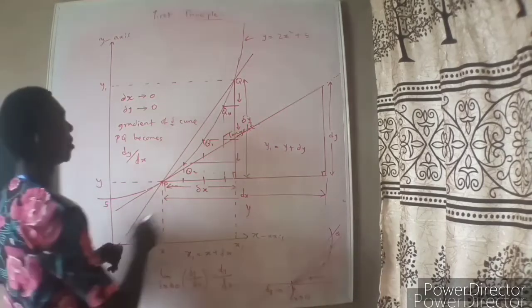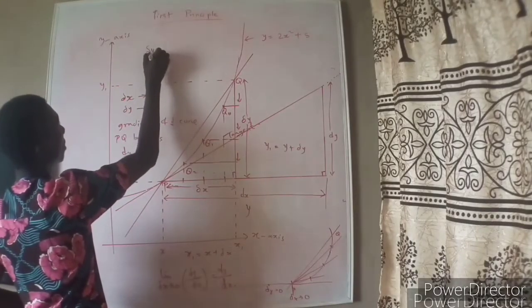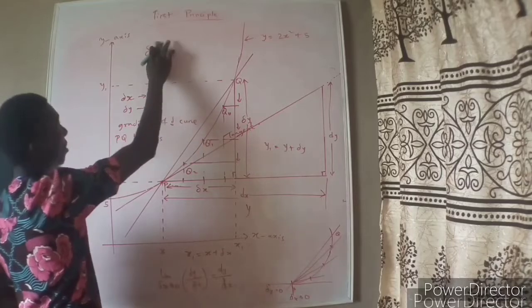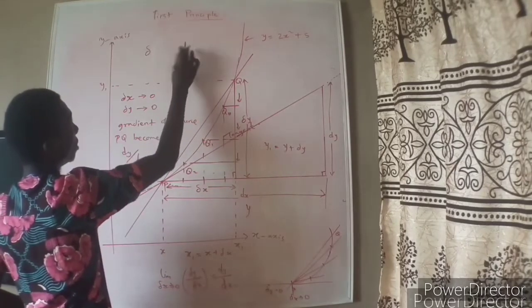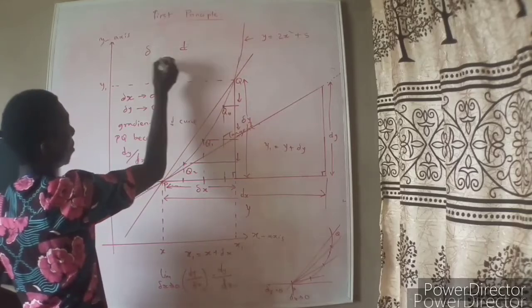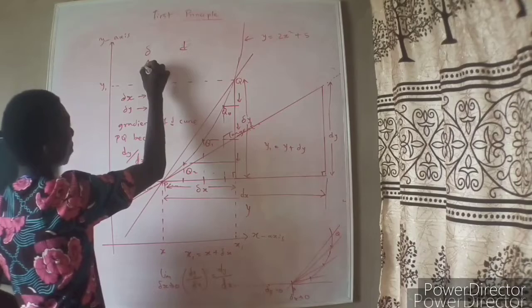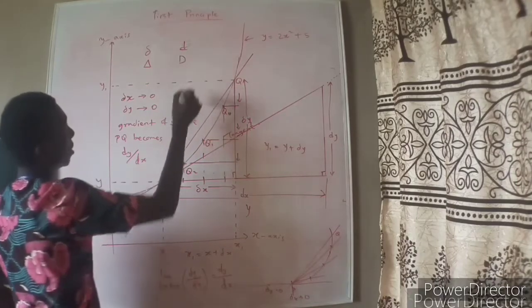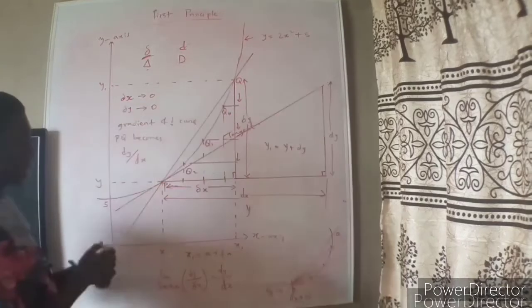For the change in y, as I said last time, this change is actually a Greek letter for d. In English it is d, and the capital letter in Greek is this small triangle, delta. I differentiated this, but I'm just used to this one, so that's the reason I'm using it.